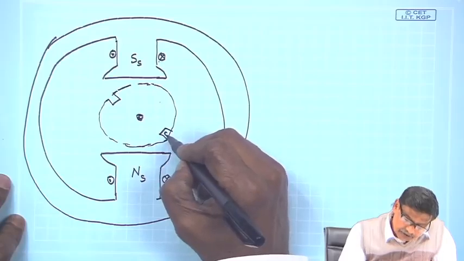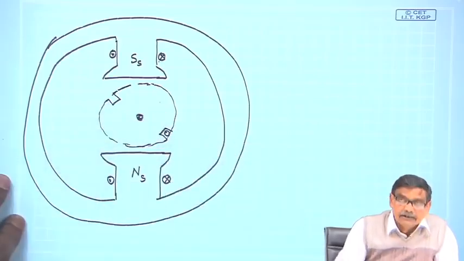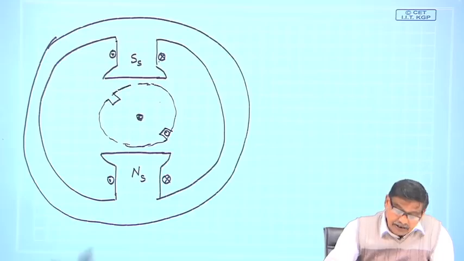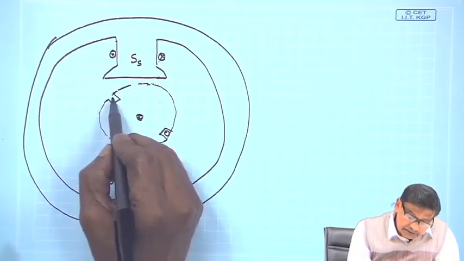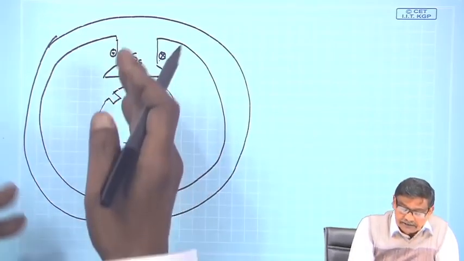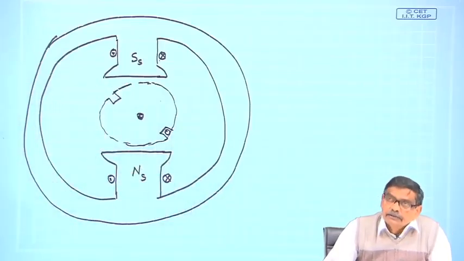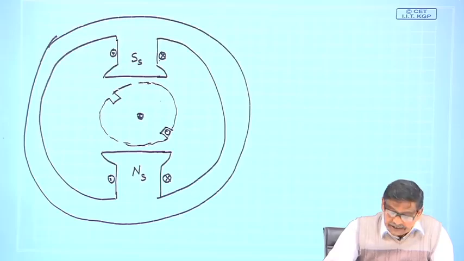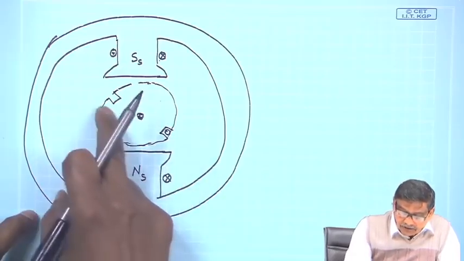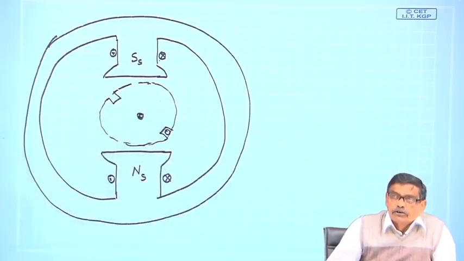A pair of slots I have taken are diametrically opposite, which will ensure that if at any time one slot is under the center of the south pole, the other slot will be under the center of the north pole. That is, these slots are separated by a slot pitch.